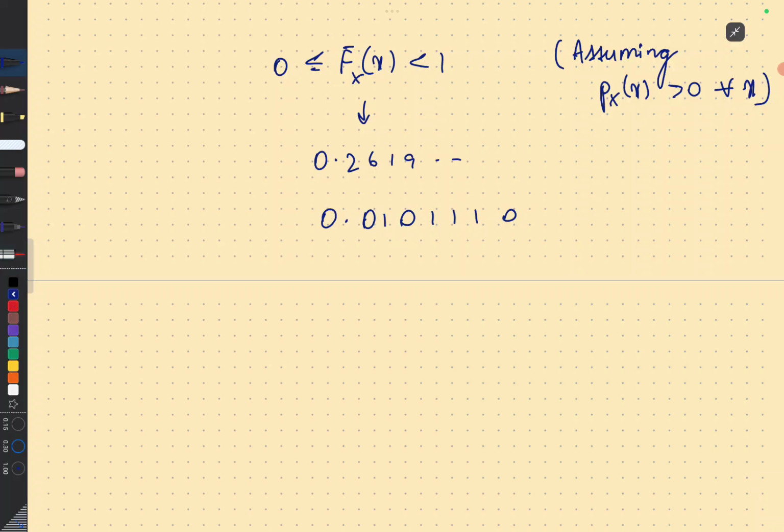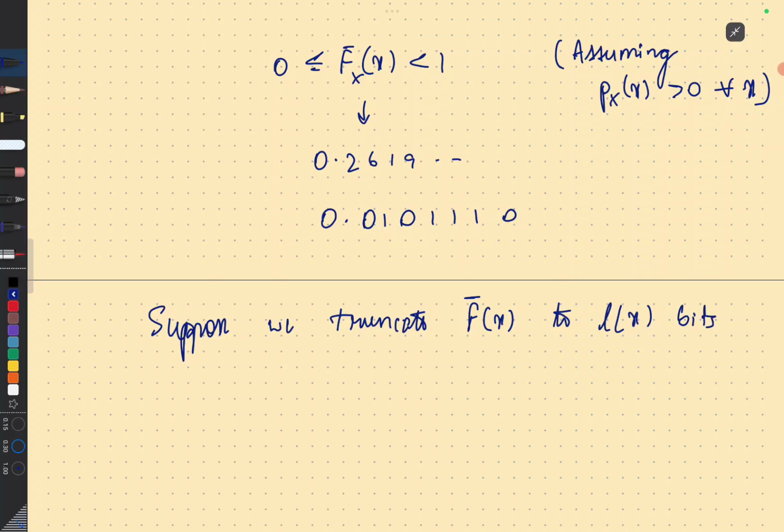So let's say that I truncate f bar of x to L of x bits.